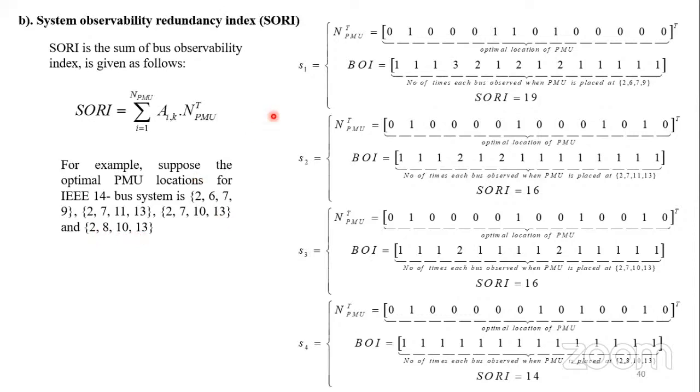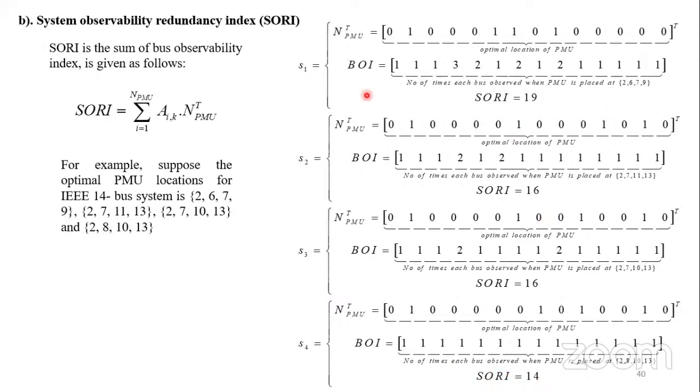In set number 1, the value is 2679. This is the optimal location. After summing this up, we find SORI is equal to 19. This is the set number 1 solution. Set number 2 solution is 2 7 11 and 13. As you sum all this BOI, you will find the value 16. Similarly for S3, you will find 16. For S4, the location is 2 8 10 13, and the SORI value is 14.